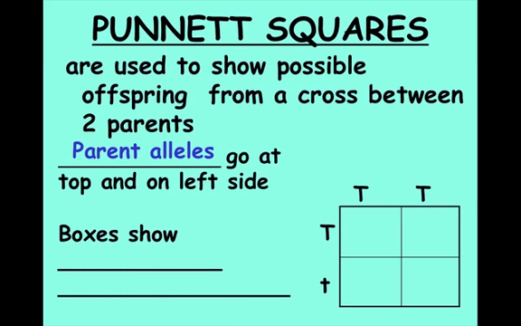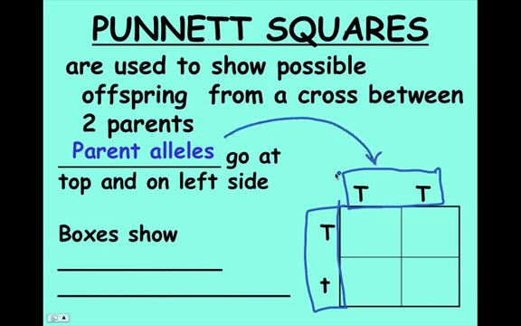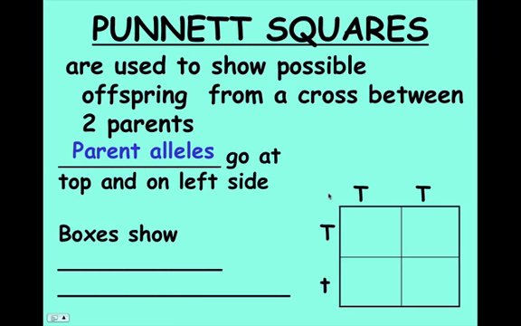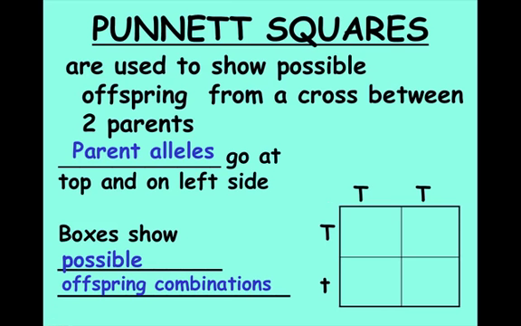Parent alleles go at the top and on the left. So this is one parent and this is the other parent. So the parent alleles go on the top and down the side. The boxes show the possible offspring combinations. So the children from the parents are going to go in these boxes right here.